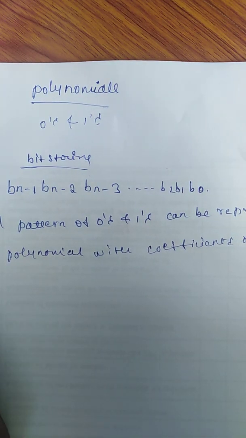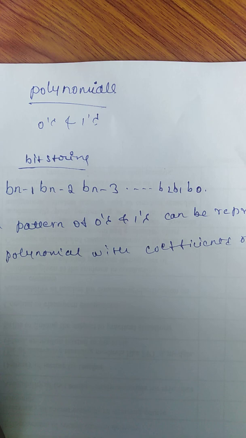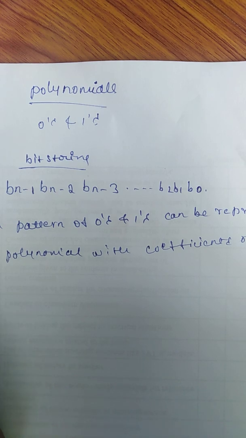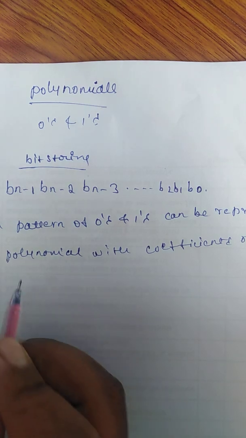The power of each term shows the position of the bit, and the coefficient is what we call a polynomial.